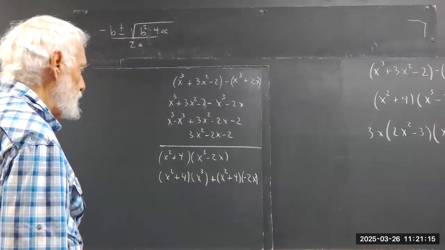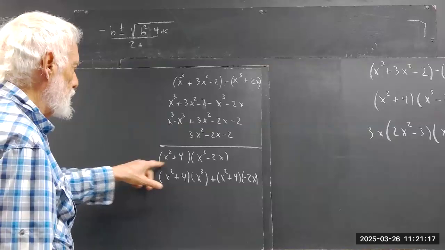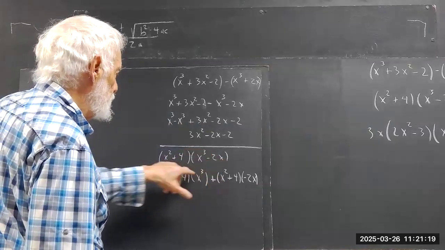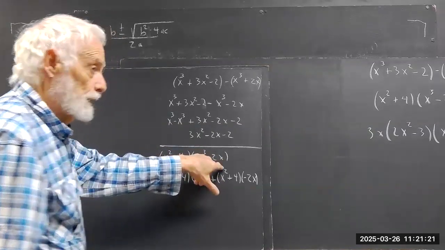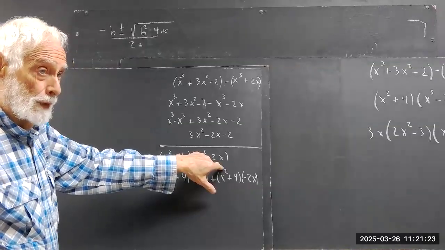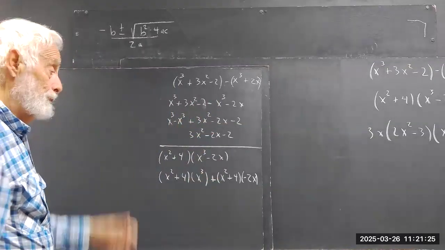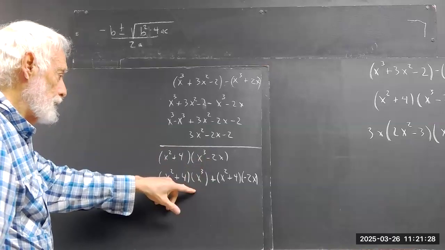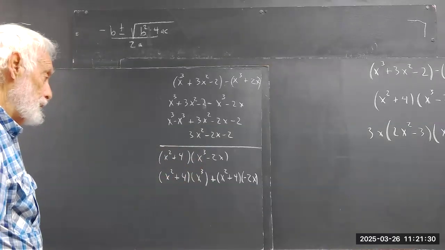It's an application of the distributive law. You could also have done x squared times x cubed minus 2x plus 4 times x cubed minus 2x. It's your choice. I saw more of this than I saw this. I'm going to demonstrate this.